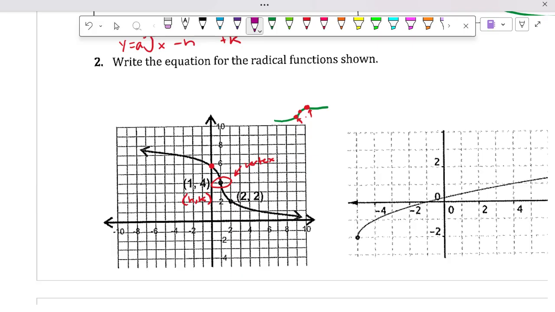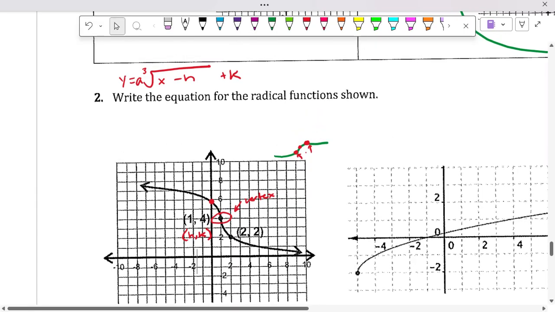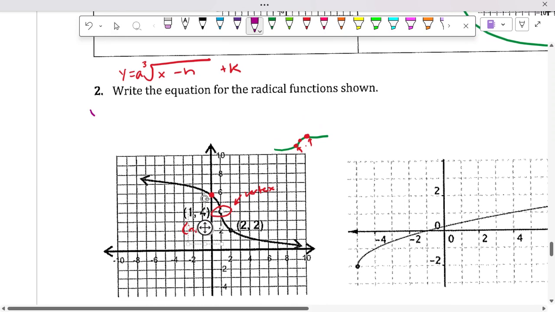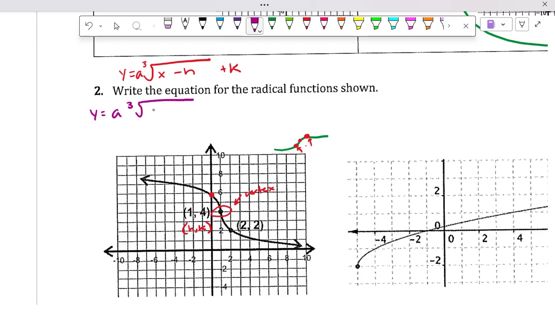What would our tentative or incomplete function be, since we haven't solved for a yet, if we just plug our vertex in here? The cube root of x minus 1 plus 4.